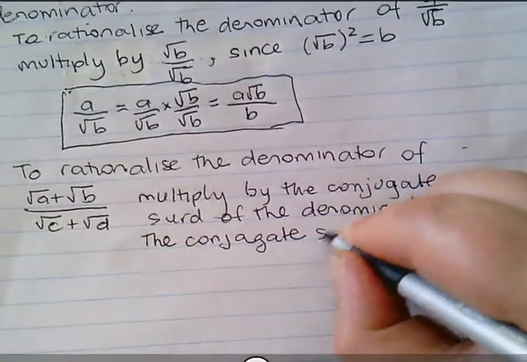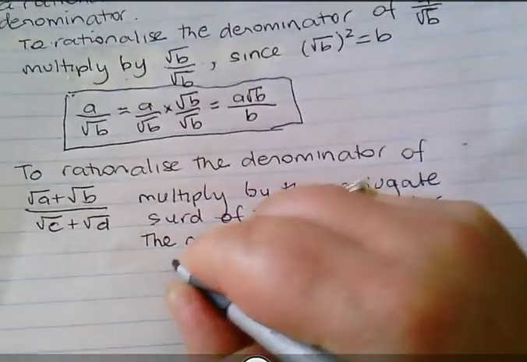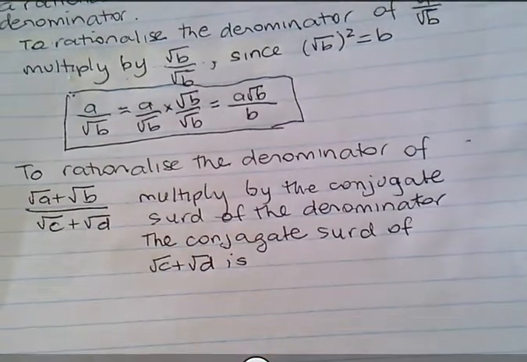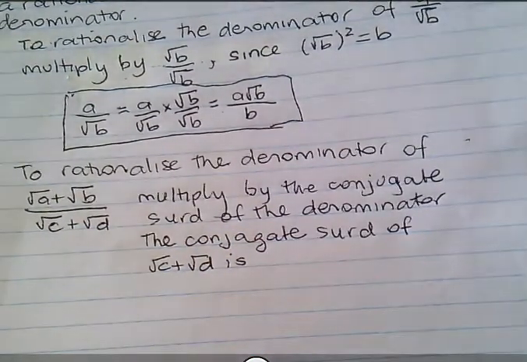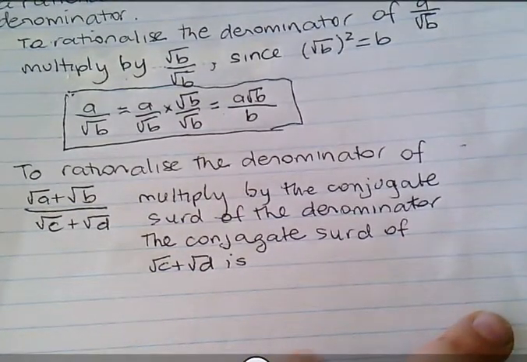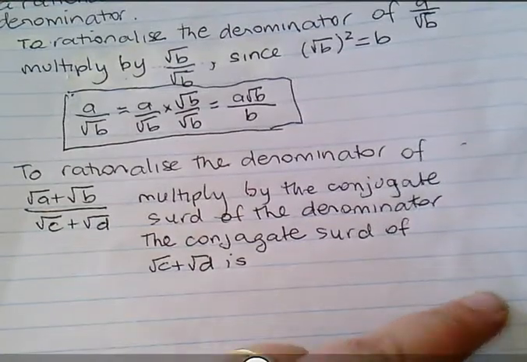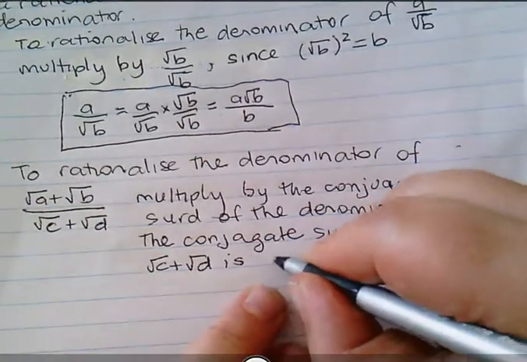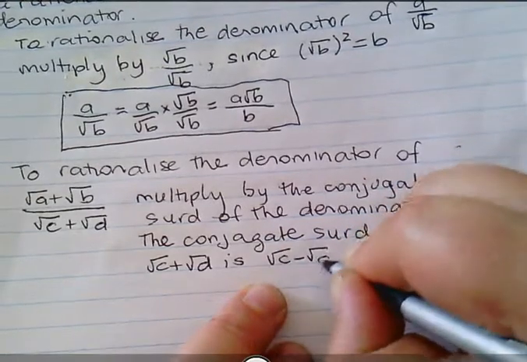So the conjugate surd of root c plus root d is, actually we don't just multiply by the conjugate surd, it's the conjugate surd over itself of the denominator. The conjugate surd of root c plus root d is root c minus root d.